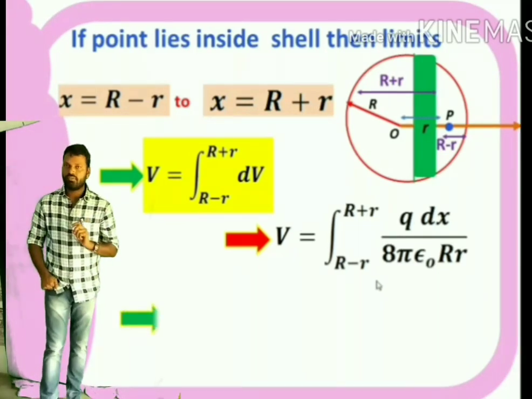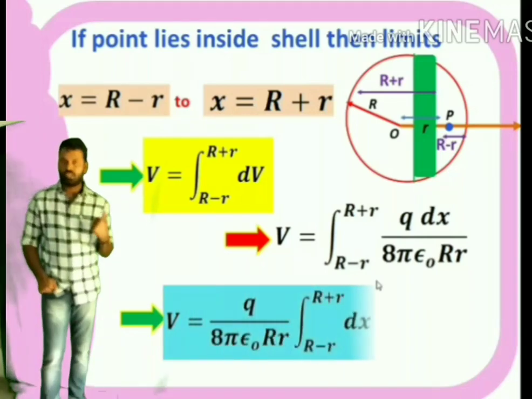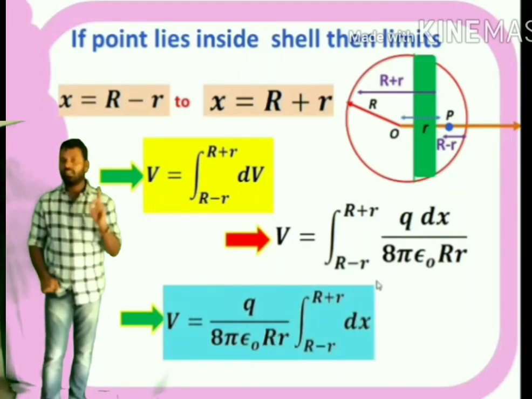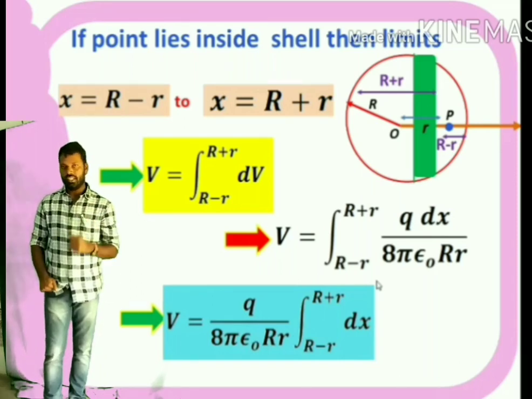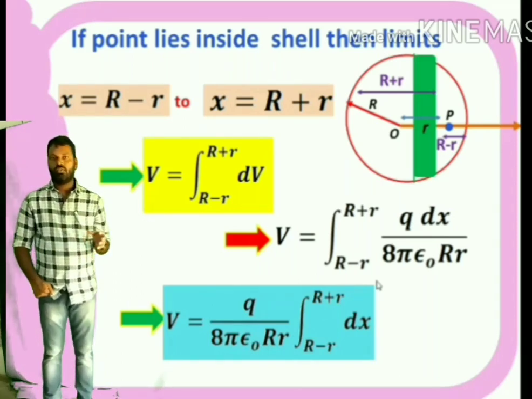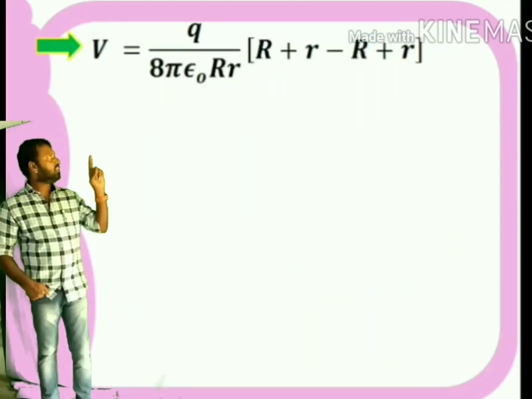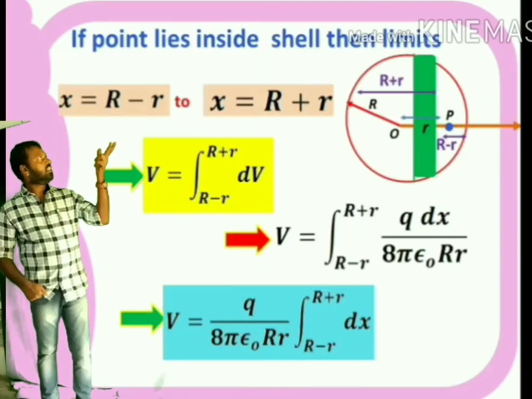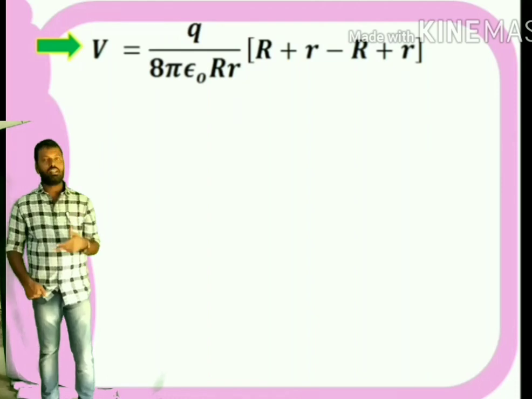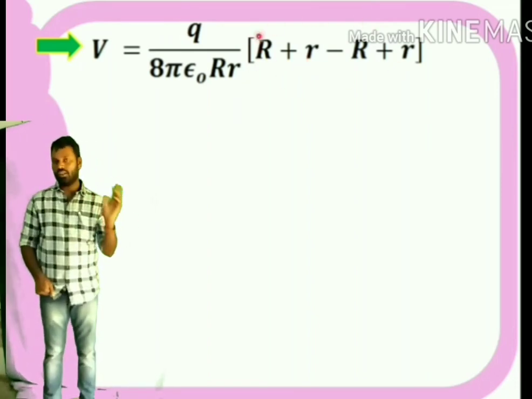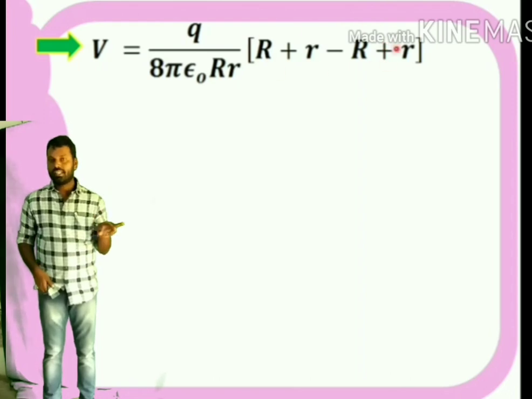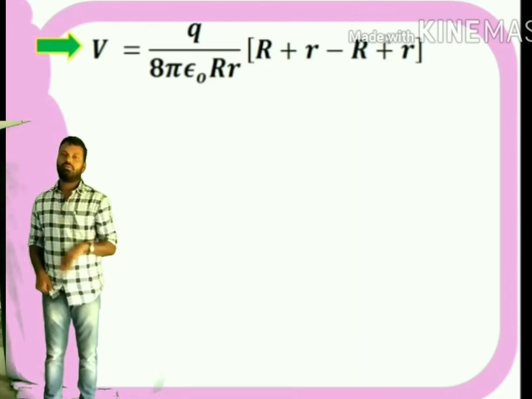Bring constants outside of the integration, then V is equal to q by 8 pi epsilon naught R r into the integral from R minus r to R plus r of dx. If I integrate dx, what will I get? Just x. Limits are R plus r to R minus r. If I substitute that, q by 8 pi epsilon naught R r into R plus r minus R plus r.